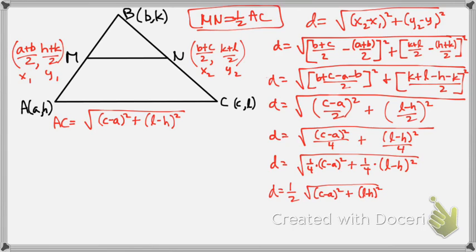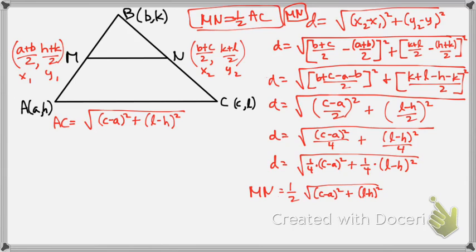So we've proven that the distance of all of this is for Mn. Everything we've done here on the right side is for Mn. Everything over here is for AC. So let me just replace this distance here as Mn. So Mn equals 1/2 square root of C minus A squared plus L minus H quantity squared.